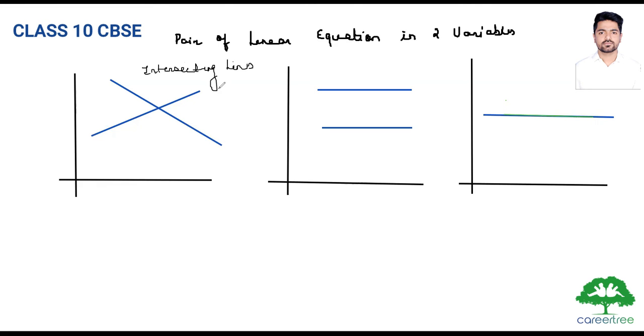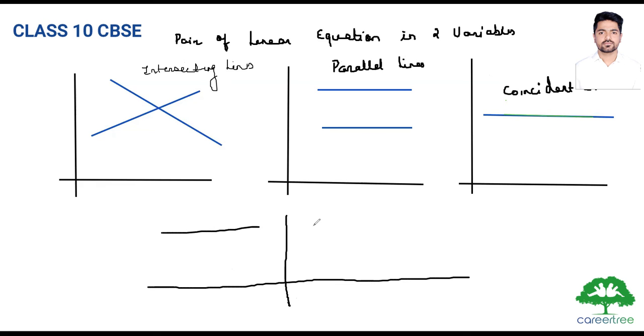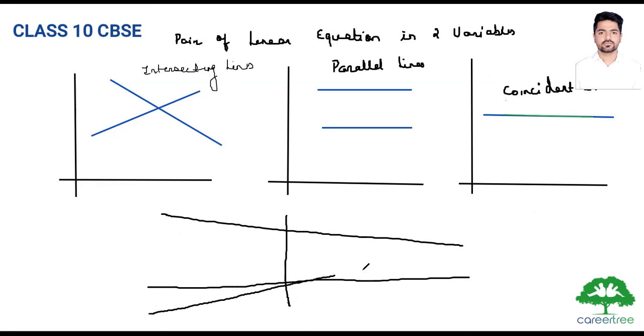Can you have any other condition? No. There's no other possibility, and I will tell you why. Because this plane is a big plane. Let's say if you try to draw something like this and something like this, at some point, if they are not parallel, they will always meet, whether on this side or this side, the left-hand side or right-hand side.